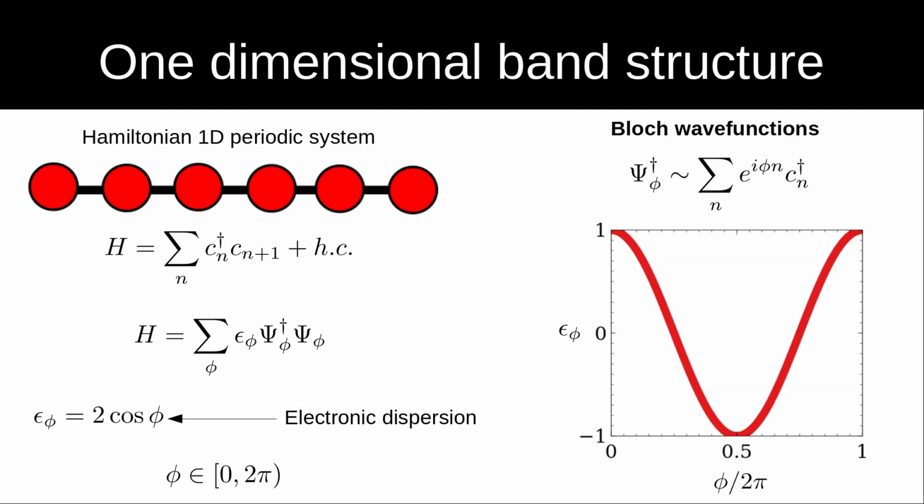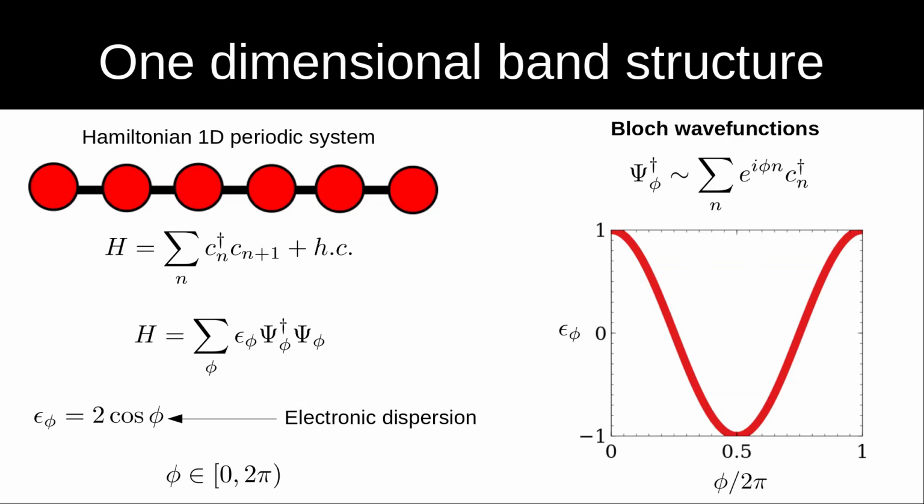Now, in this dispersion, there are several very interesting things that we can notice. First of all, at the top of the band, the curvature is different than at the bottom of the band. If you look at the bottom of the band, you can see there's an approximately parabolic dispersion. But at the top of the band, there's a parabolic dispersion that goes the other way around.